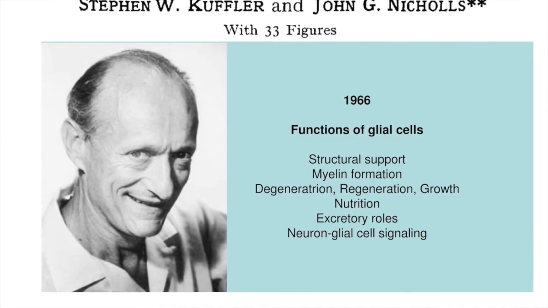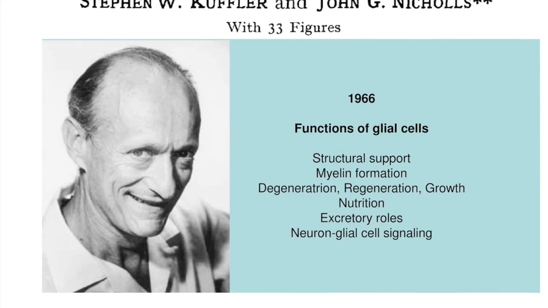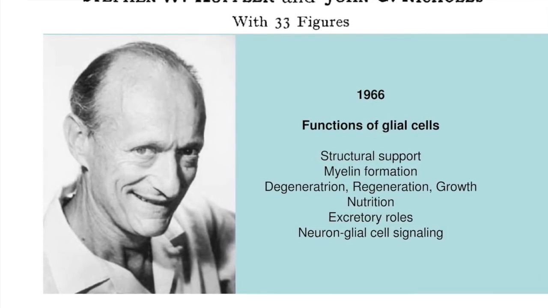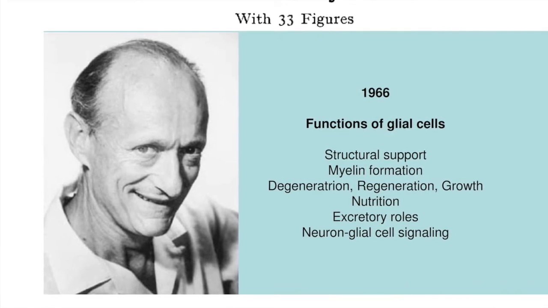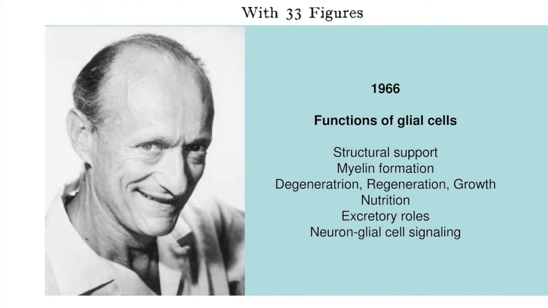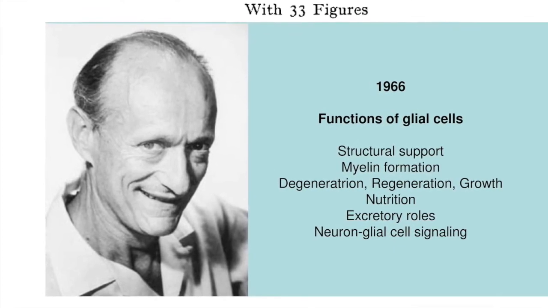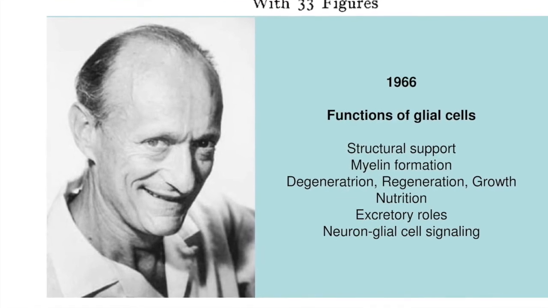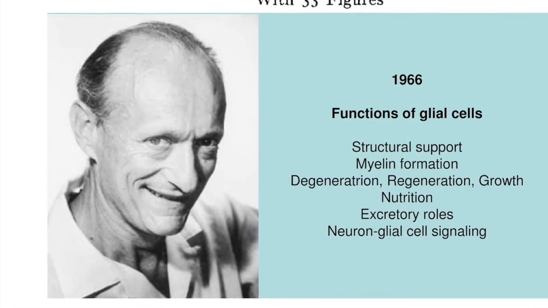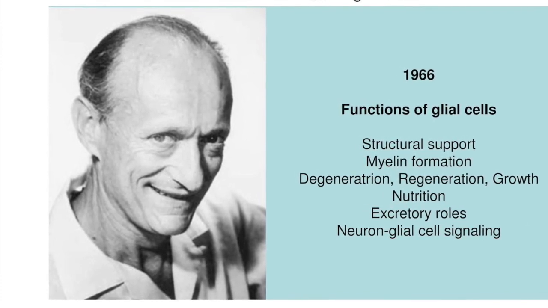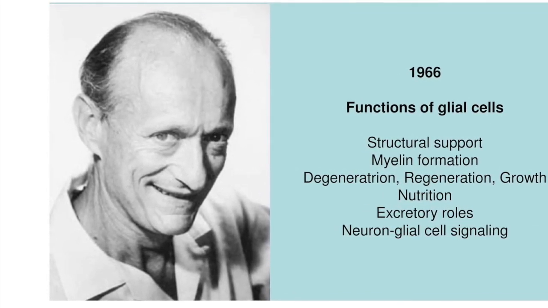Kuffler considered glial cells also important as a scaffold in myelin formation, in neuronal glial cell signaling, in the regeneration of nerve fibers, and this was in agreement with the studies of Ranvier. Kuffler was therefore here synthesizing the knowledge of the known function of glial cells of his time and adding a biochemical trend related to the electrophysiology of neurons.